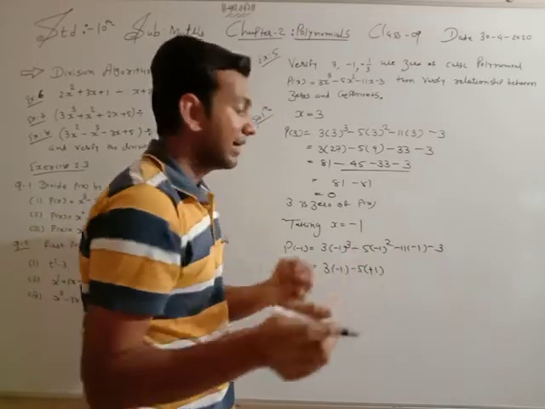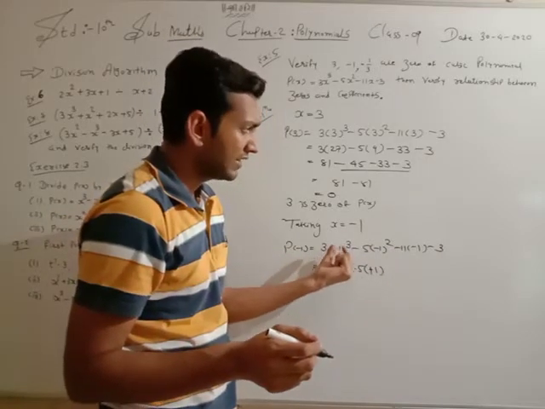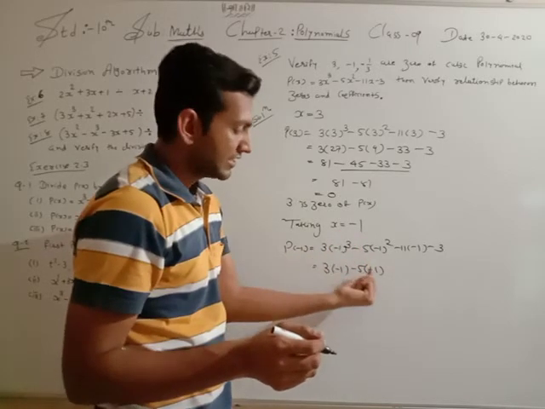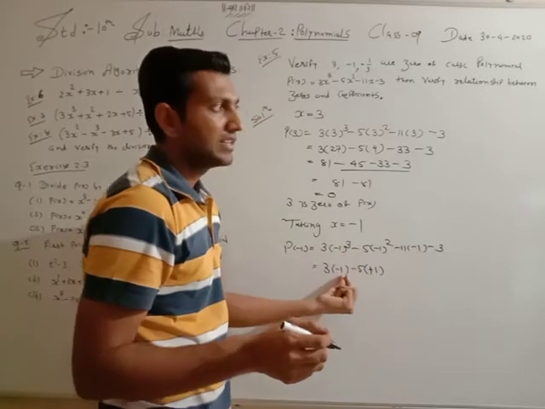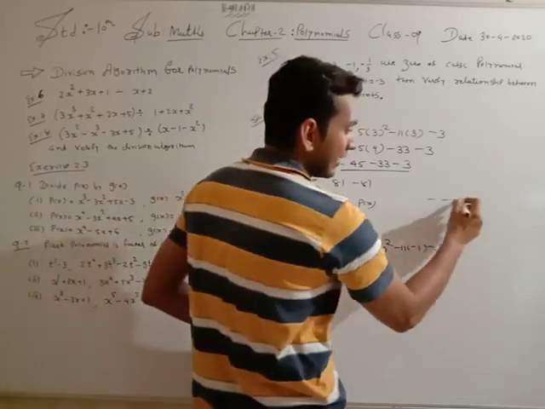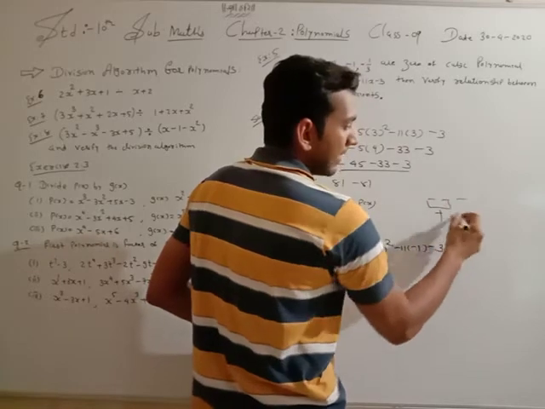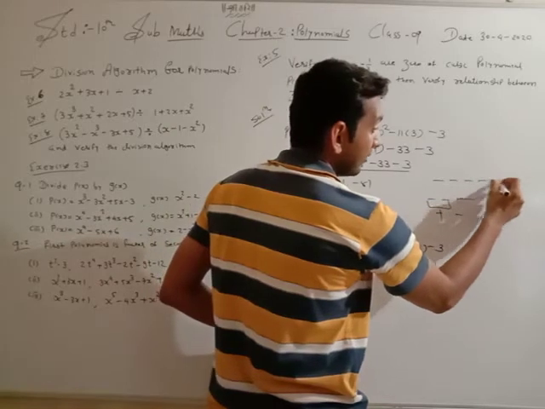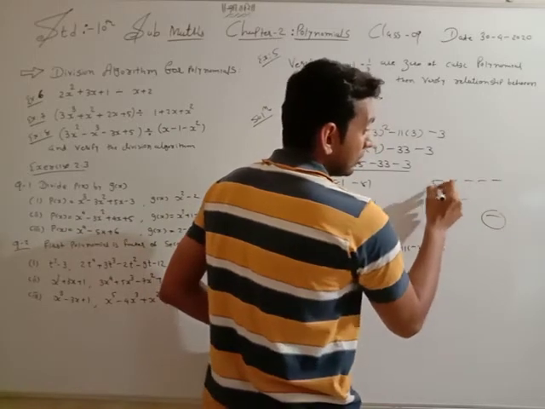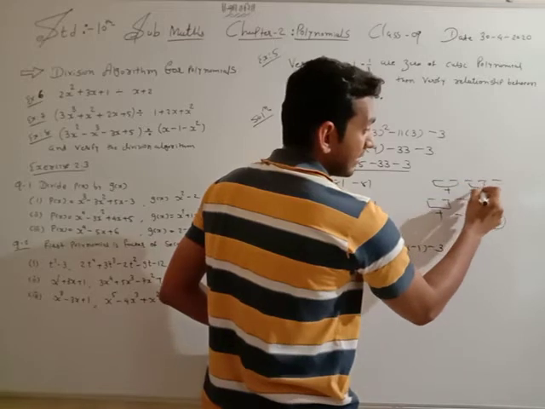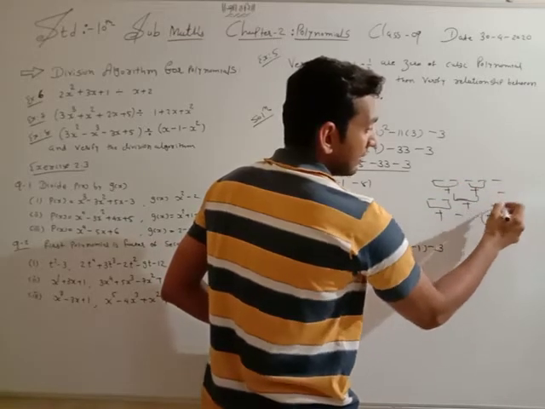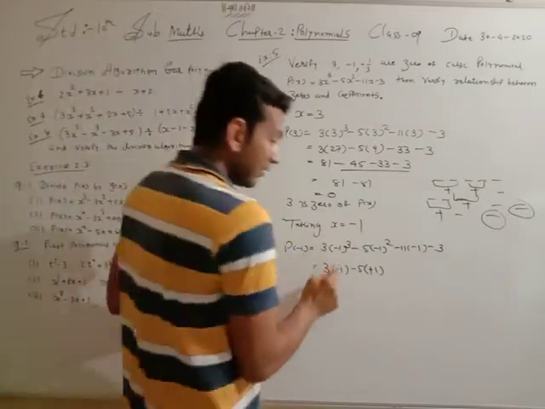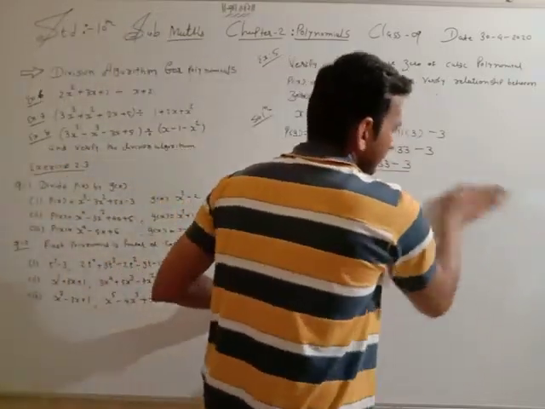Keep in mind, if you want to find the cube or square of a negative term: if the power is even, the answer is positive; if the power is odd, the answer is negative. Why? Because with 3 times negative, minus minus is plus and then plus times minus is minus, so finally your answer is negative. With 5 times, minus minus plus, minus minus plus, and finally the answer is always minus. If your power is odd, then your final answer is always negative.